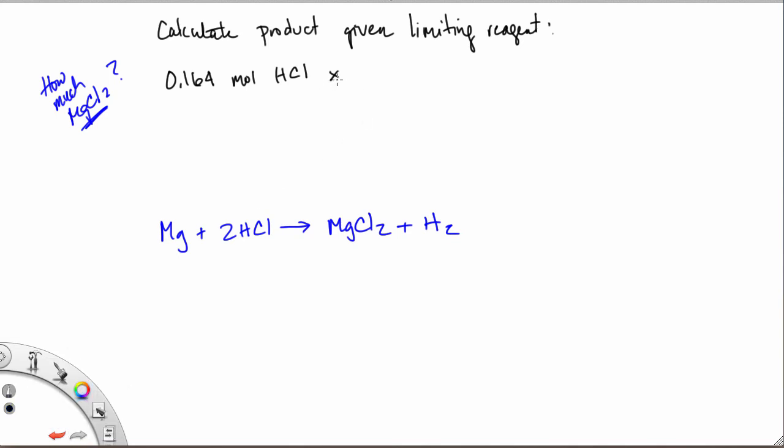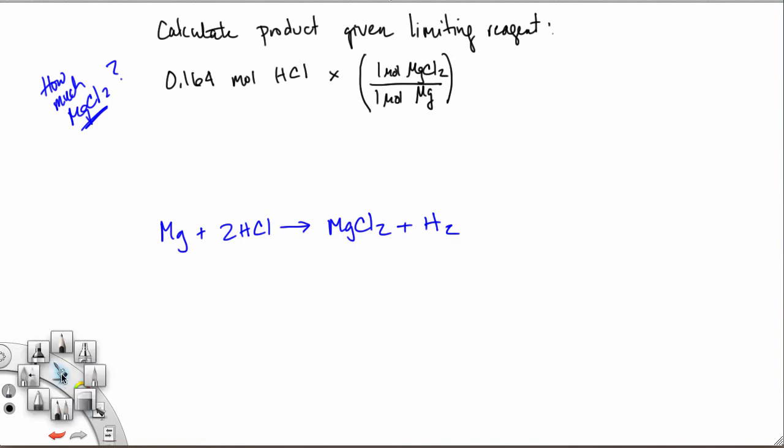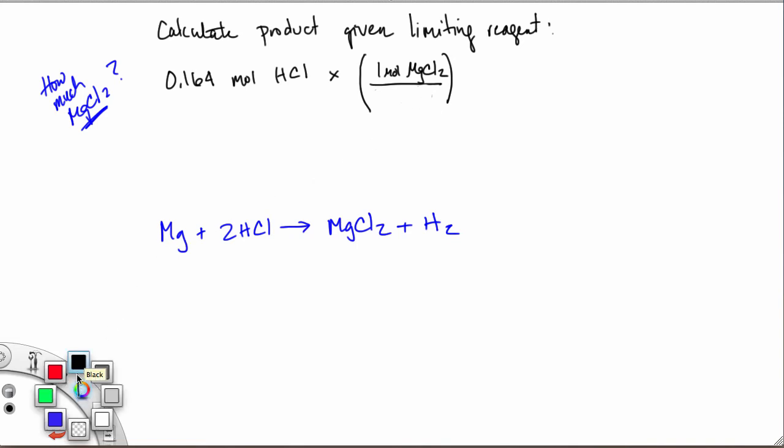So I have 0.164 moles of magnesium. I want to find out how much magnesium chloride is being made. So I look at my mole ratio here. I have 1 mole of magnesium chloride for every 1 mole of magnesium. Okay, or I'm sorry, I just made a boo-boo. Let me go fix this. Okay, did you figure out what my mistake was?